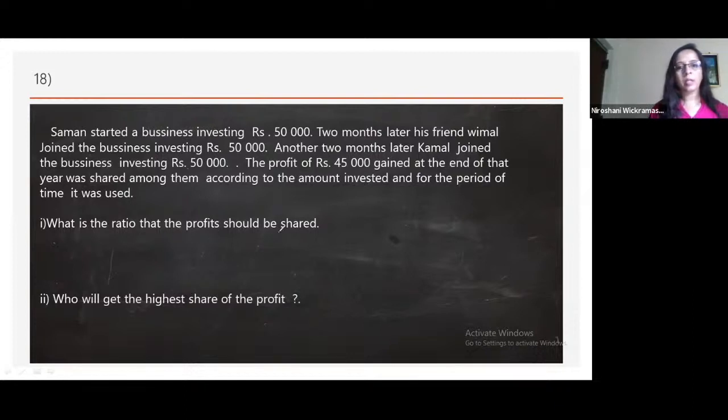Then we have to find the ratios first of all. Saman, Vimal, and Kamal. Saman invested 50,000 for 12 months. 2 months later, Vimal joined this business, right?